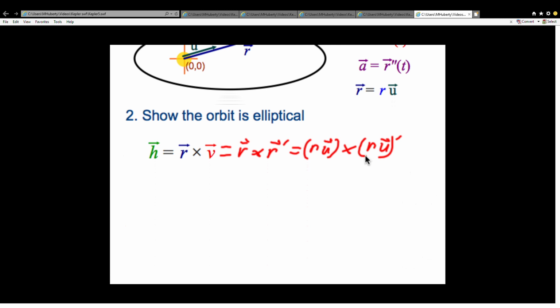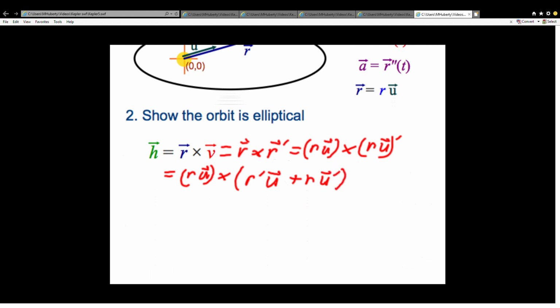And because of that, to actually take the derivative of this product, we have to use a product rule. Okay, so this first term, we still have r times the unit vector, and crossed with, here's our product rule, the derivative of r, scalar multiplied with the unit vector, plus r times the derivative of the unit vector.